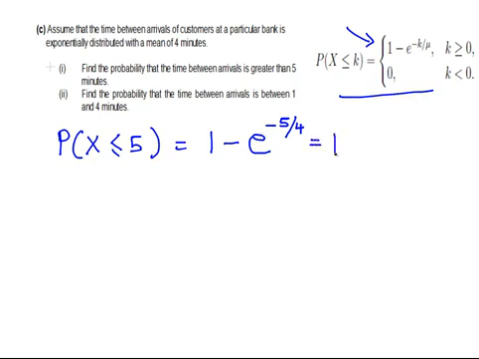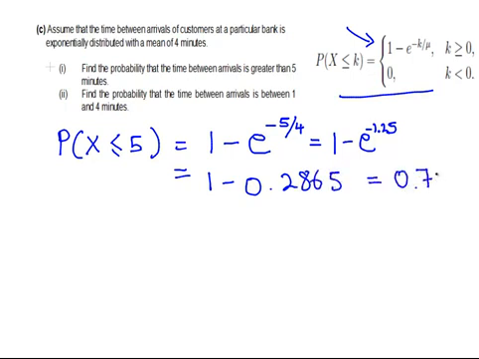So that's equal to 1 minus the exponential of minus 1.25. Calculator. And that is equal to 1 minus 0.2865, and that is equal to 0.7135.